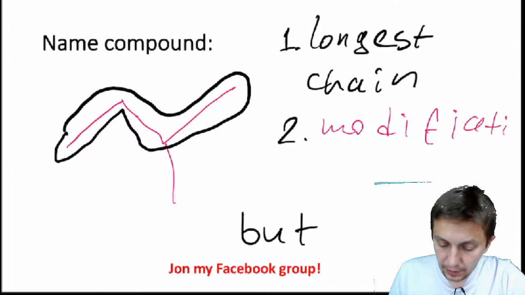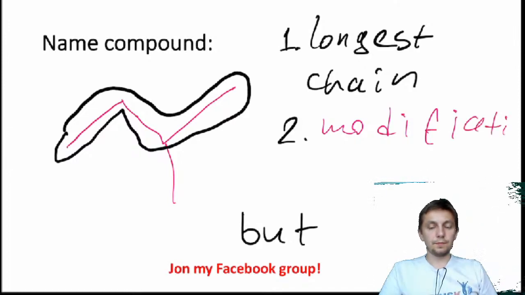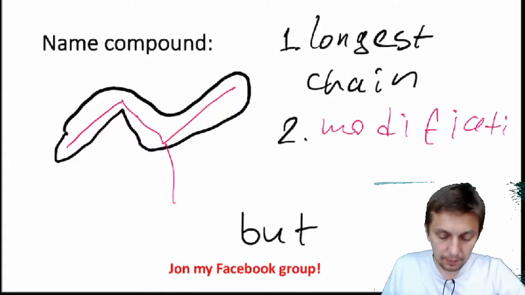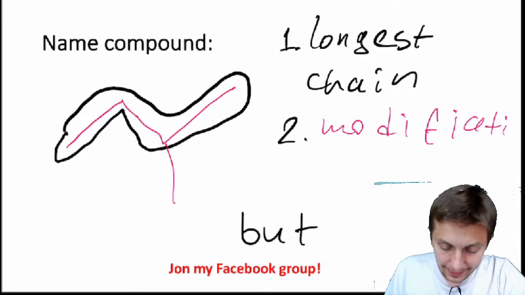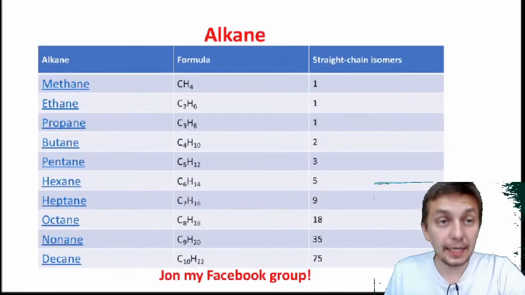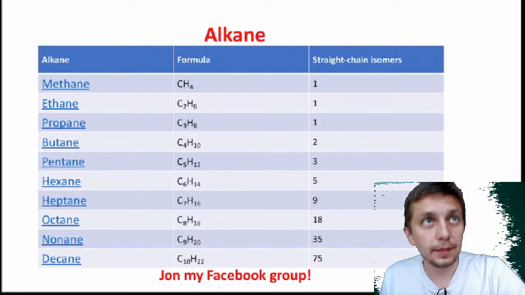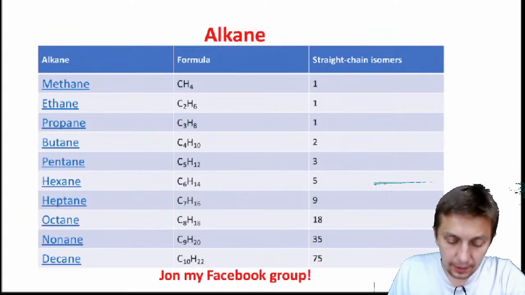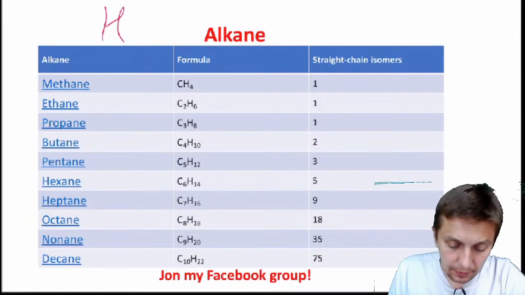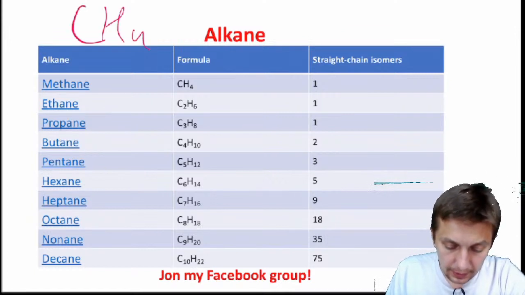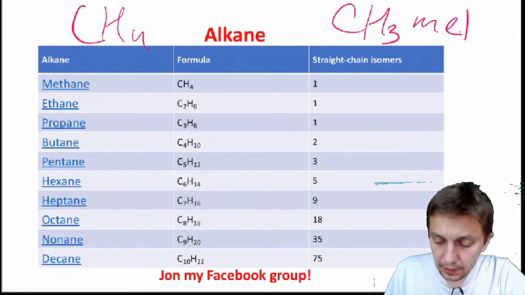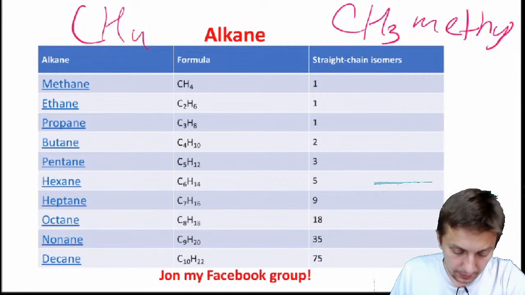It's not butane because we have these small groups outside, so we name it like methane, but not methane. Methane is CH4, and CH3 is methyl.